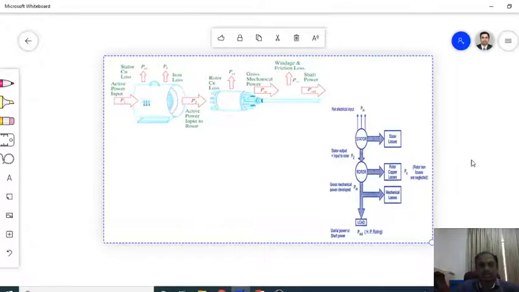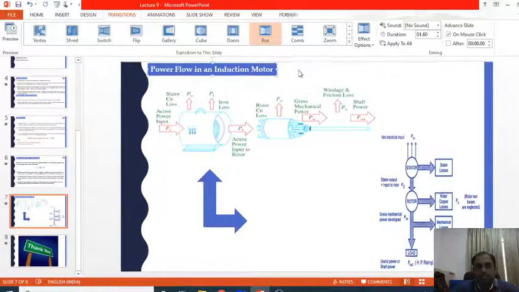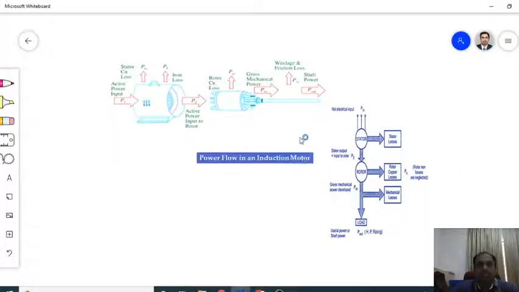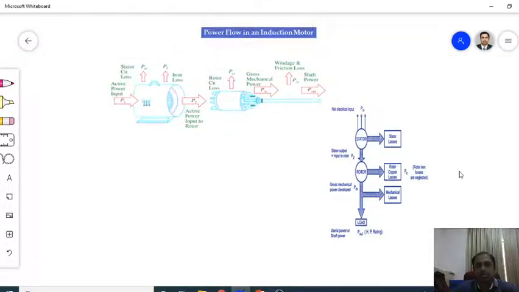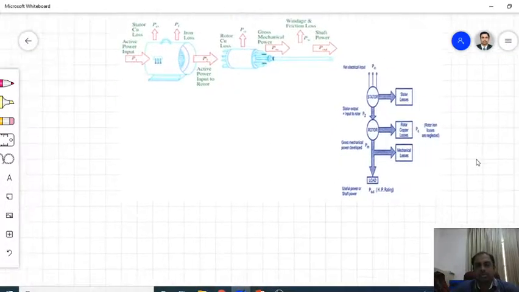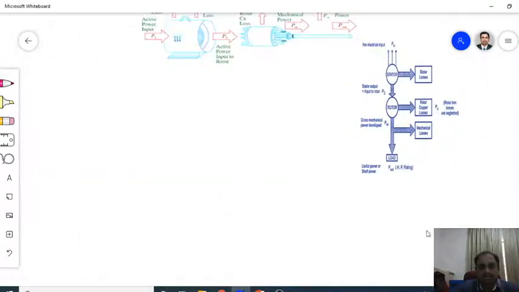Now we will do the step by step derivation.